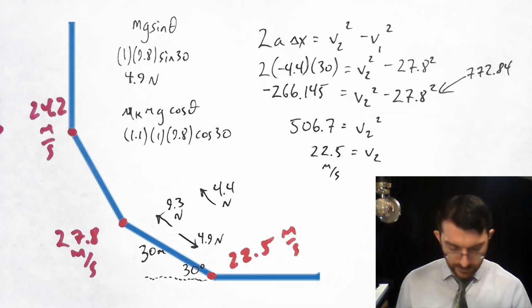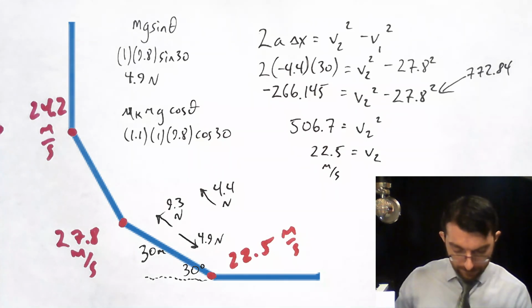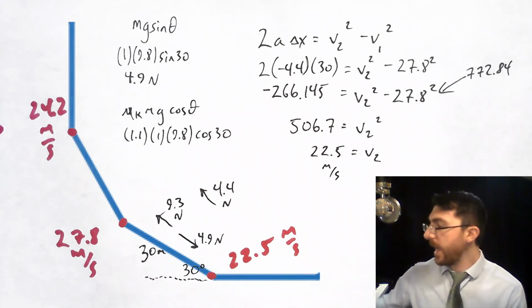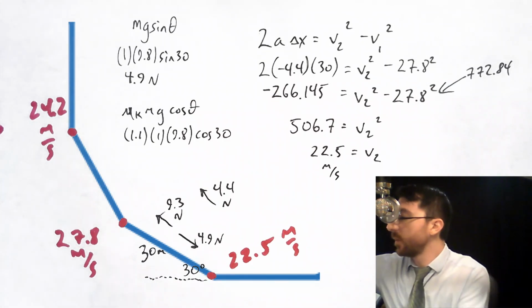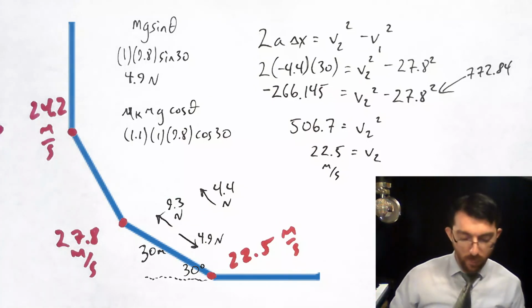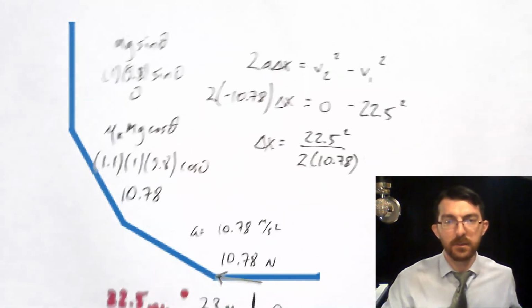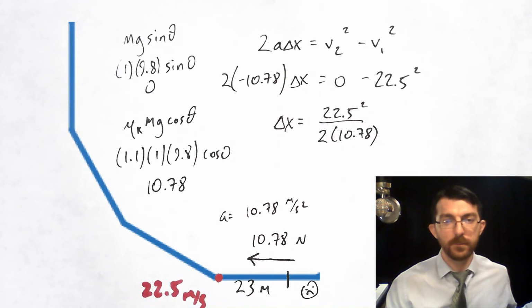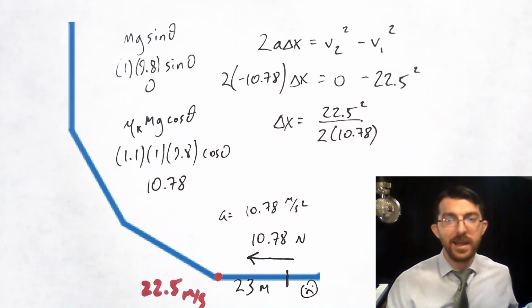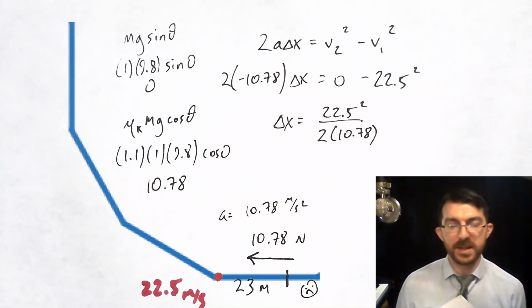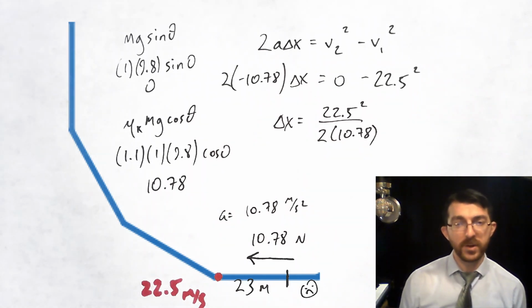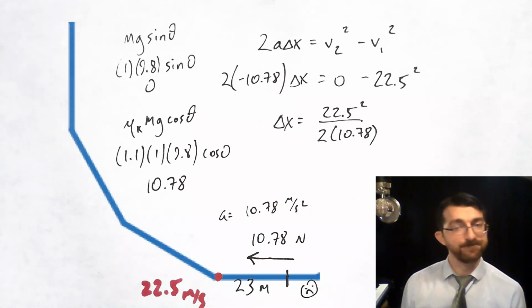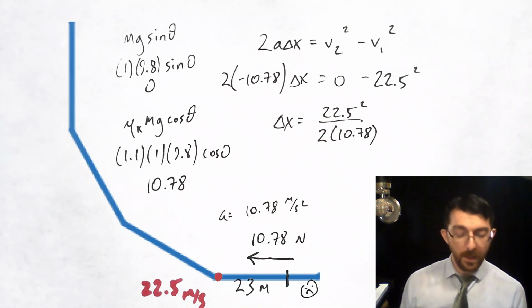Okay, so that means it's going to slow down slightly to 22.5. And in the last one, because there is no more down, it's just slowing down at the end. We're beginning at 22.5 meters per second. It only makes it 23 meters down before the friction stops it because it was a force of 10.78. All right, that's the whole problem.